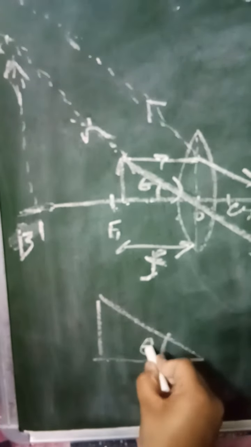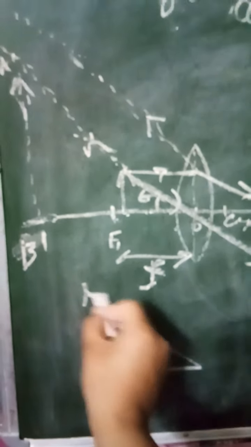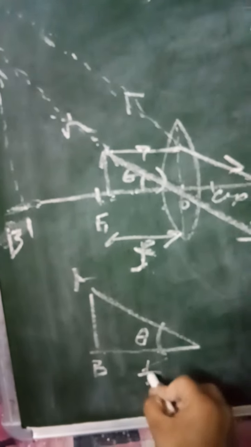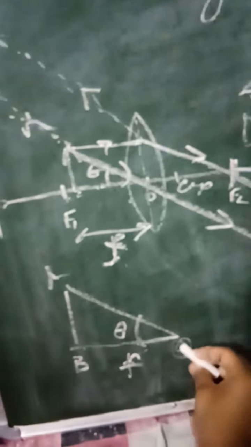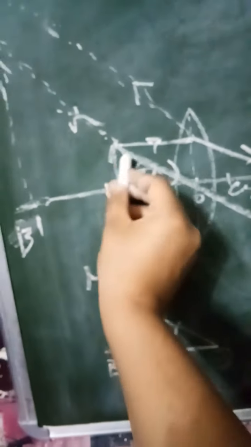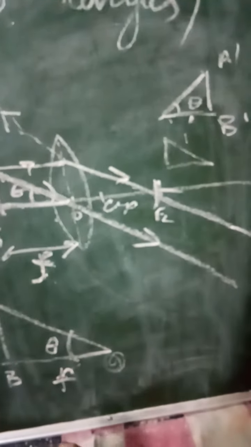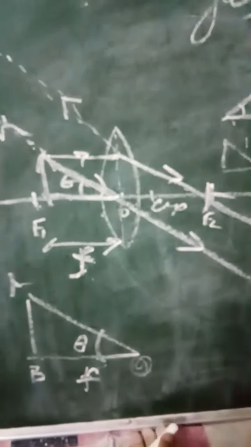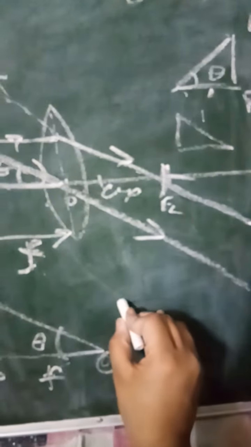See, this is theta, this is B, this is A, and from here to here the distance is the focal length f, small f. This is the triangle, which I have highlighted. So if we find the magnification for the second case, the angular magnification, what will be the answer?